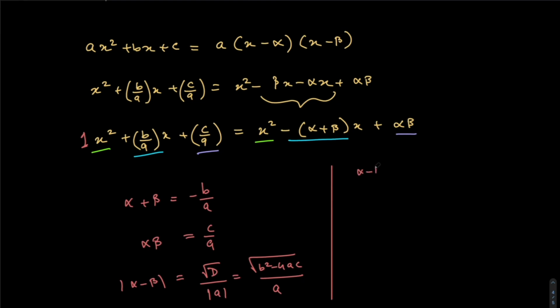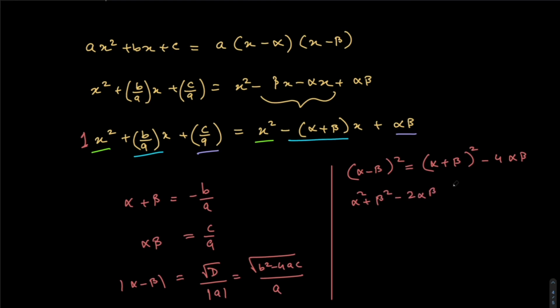And how we get it is basically, if I do alpha minus beta whole squared, what do I get? I can rewrite this as alpha plus beta whole squared minus 4 alpha beta. If you want, I can do it again for you. Alpha squared plus beta squared minus 2 alpha beta.